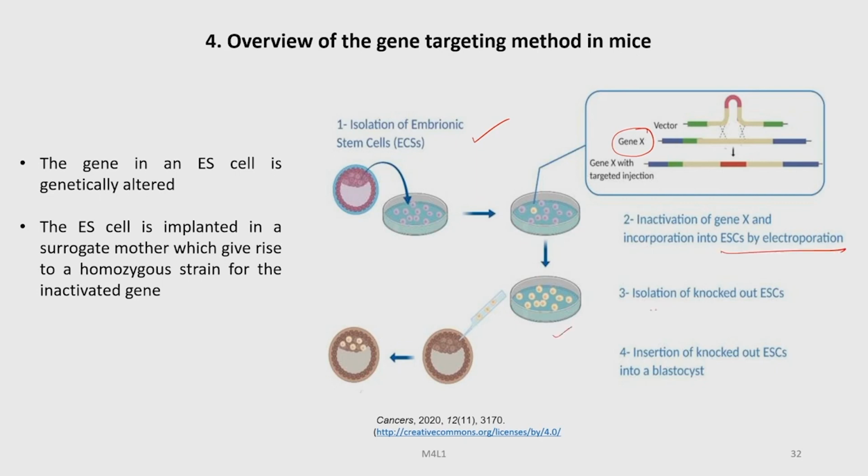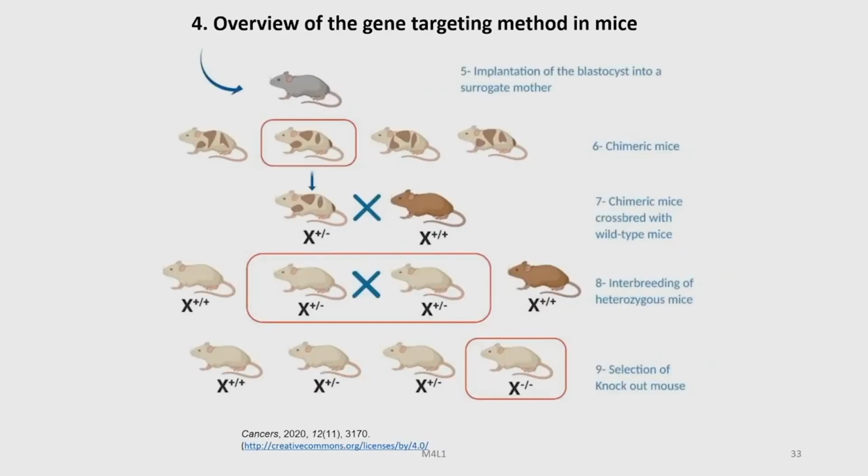The third step is the isolation of knocked out embryonic stem cells, and the fourth stage is the insertion of knocked out embryonic stem cells into a blastocyst. The gene in an embryonic stem cell is genetically altered as a result of these multi-stage procedures, and this ES cell is implanted in a surrogate mother, which gives rise to a strain homozygous for the particular inactivated gene.